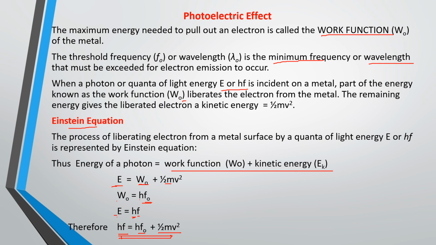This equation can equally be written as follows. If you make the kinetic energy the subject of the equation, assuming you're looking for kinetic energy, the kinetic energy of the liberated electron, 1/2 mv², will be equal to hf minus hf0.